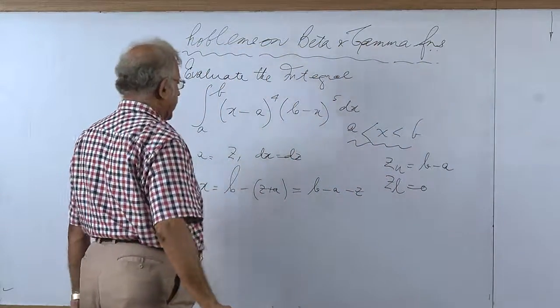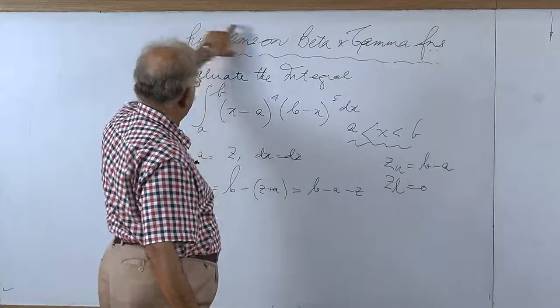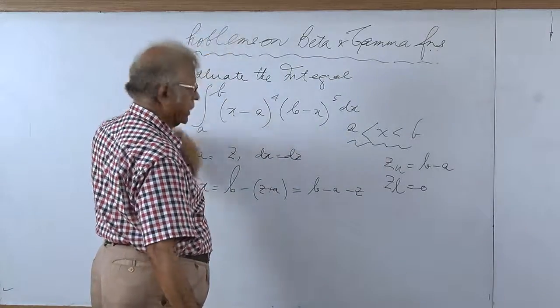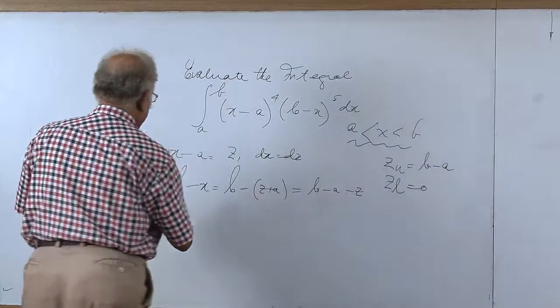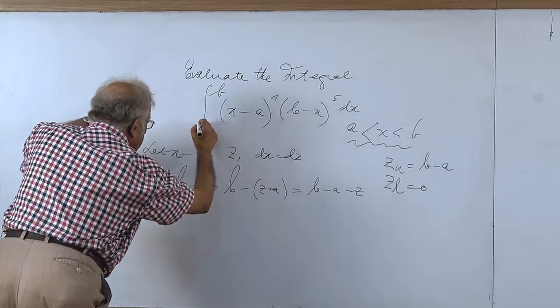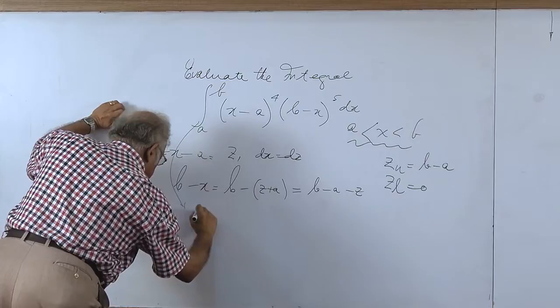So the integral will then reduce to, we'll rub out this part and put the reduced integral on top.